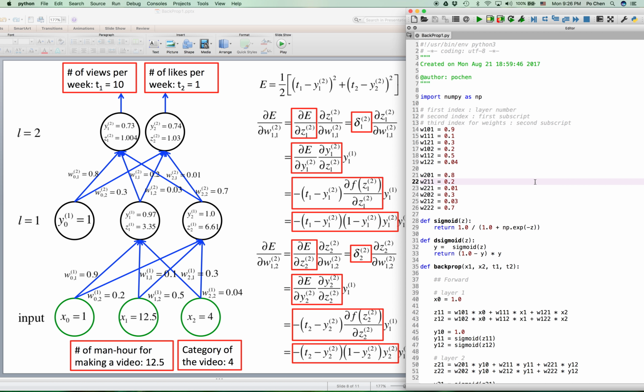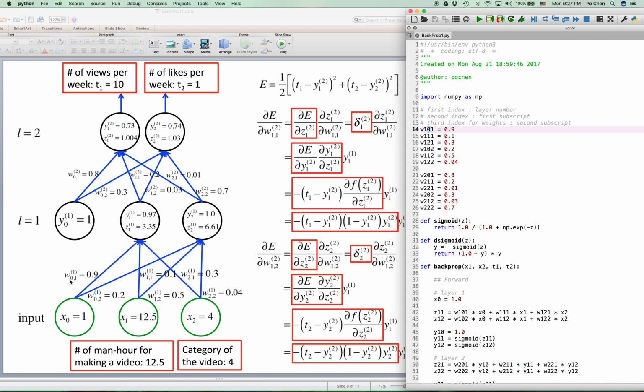So in this Python code, all the w's are followed by 3 indexes. The first index is the superscript, the layer number. So the first 6 w's are all for layer 1. The second index is the first subscript.